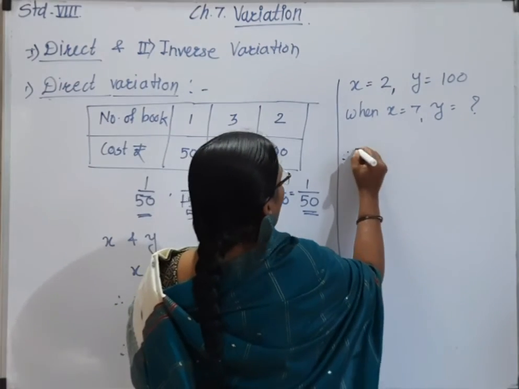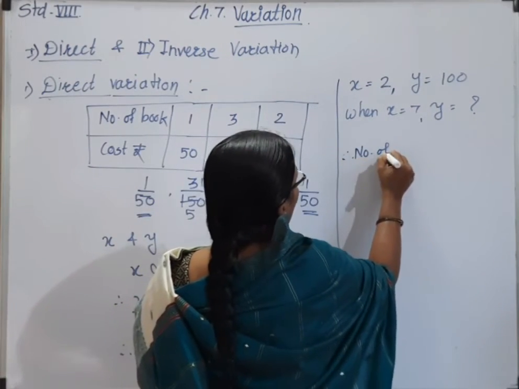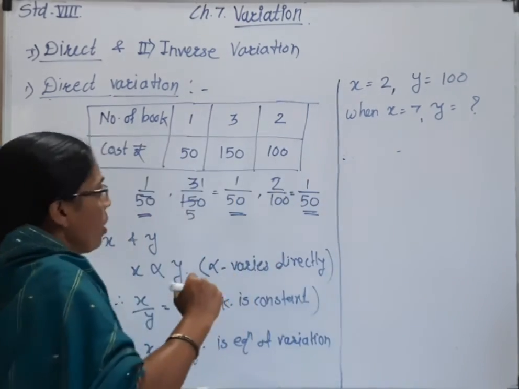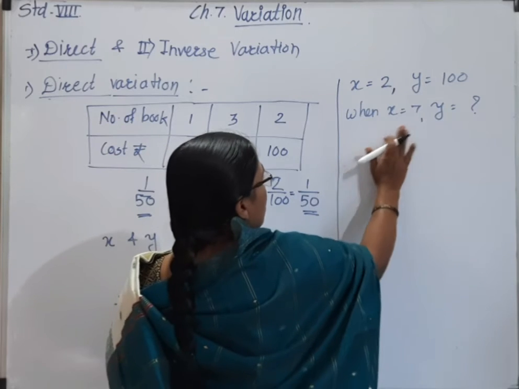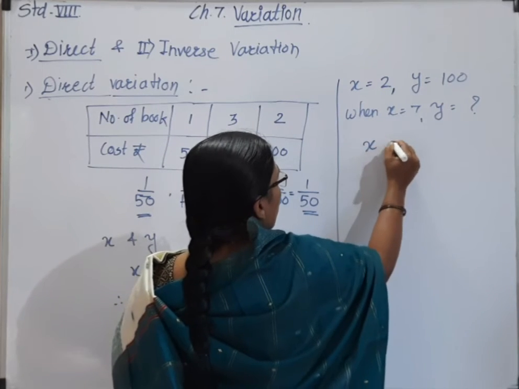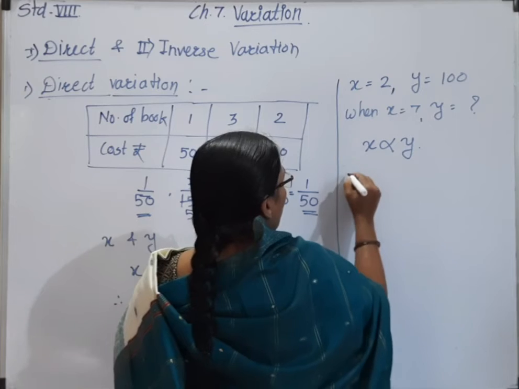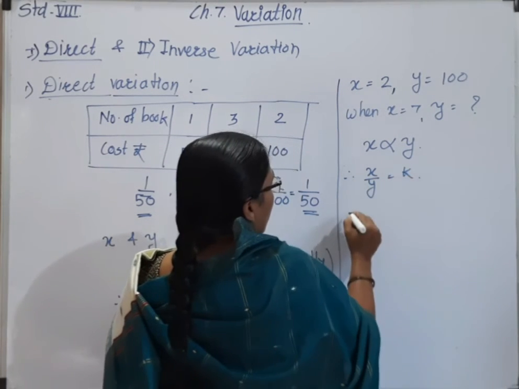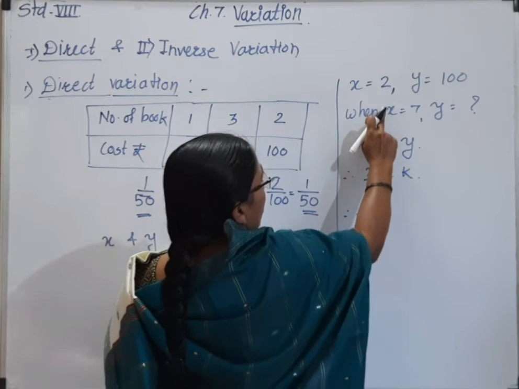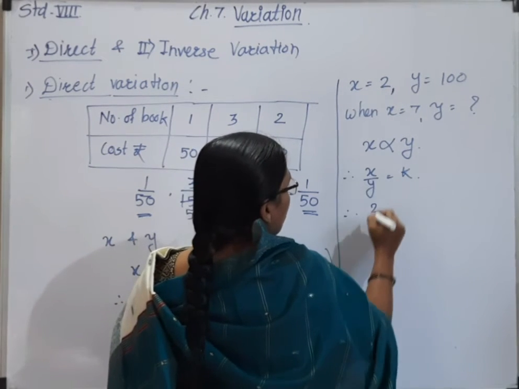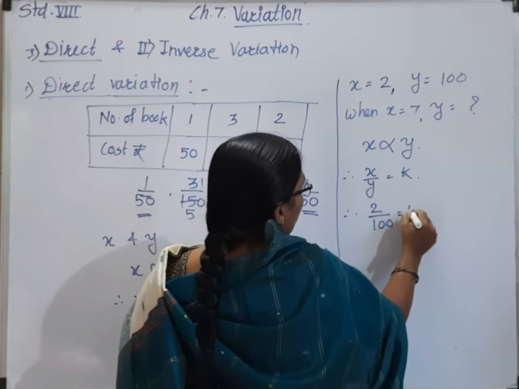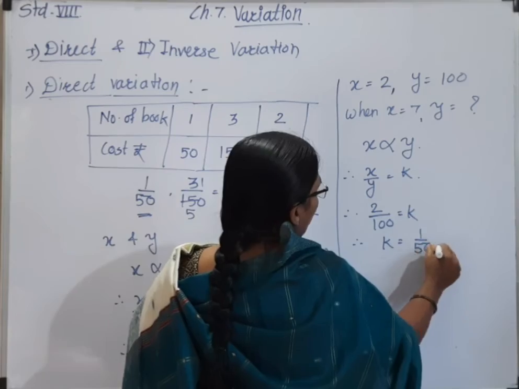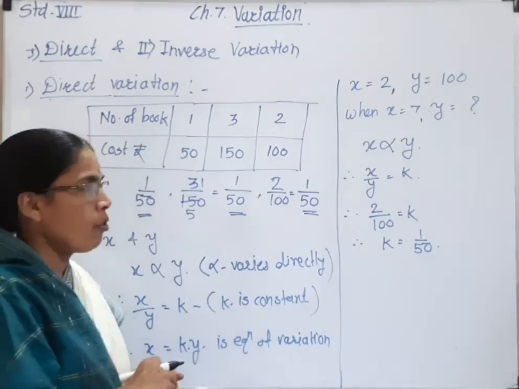As we know this is an example of direct variation, we can write x varies directly as y. Therefore x upon y is equal to k. Here x is 2 and y is 100, so k is equal to 2 upon 100, which is 1 upon 50.